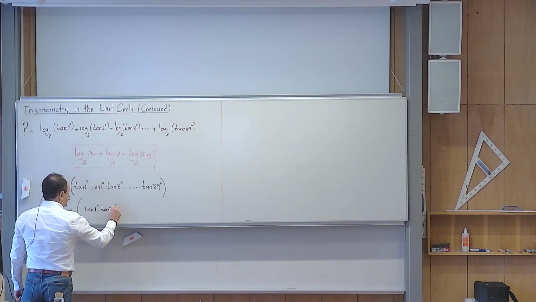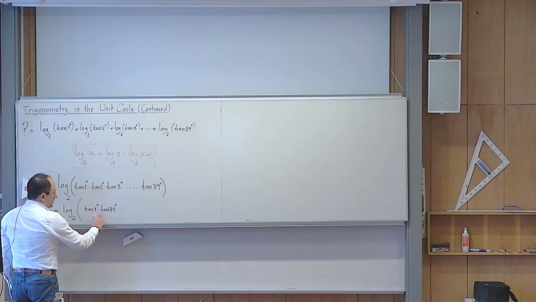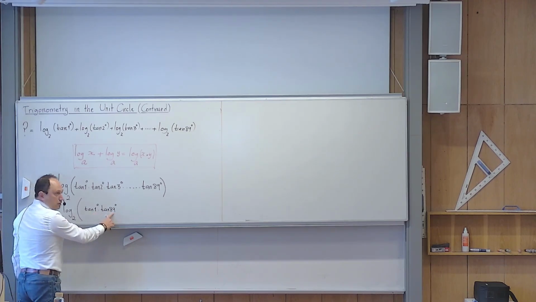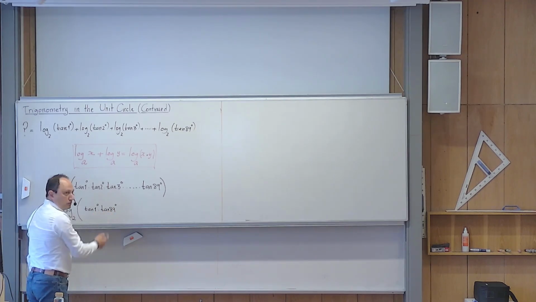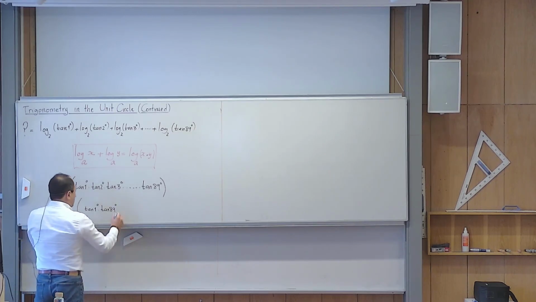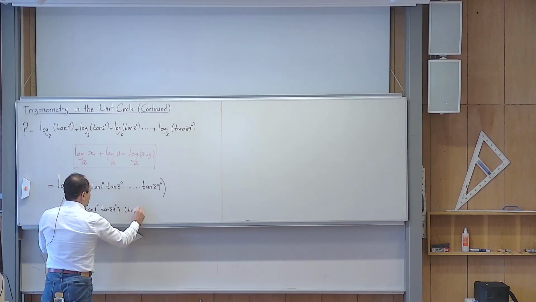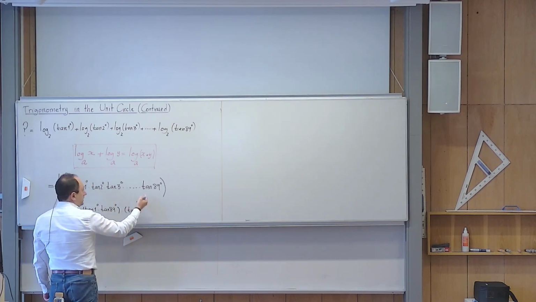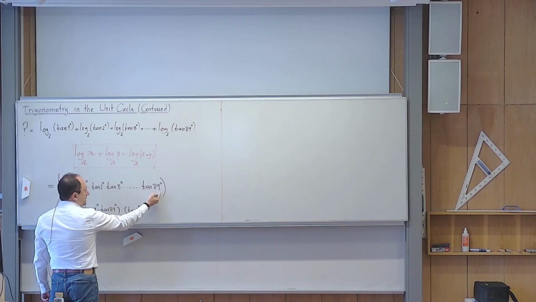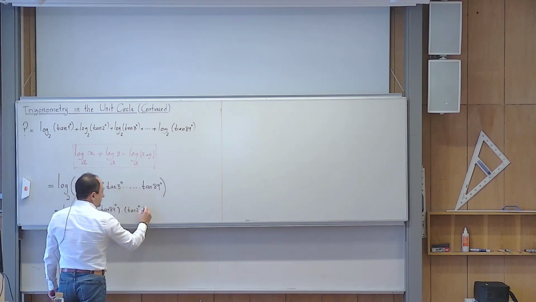The motivation behind that is that 1 degree and 89 degrees are complementary angles, because when I add them, it becomes 90 degrees. And the next one is tan 2 degrees multiplied by the one before the last one, which is tan 88 degrees.